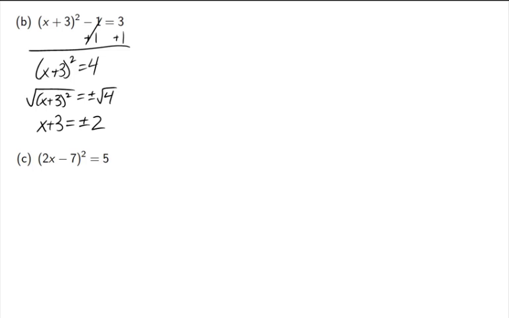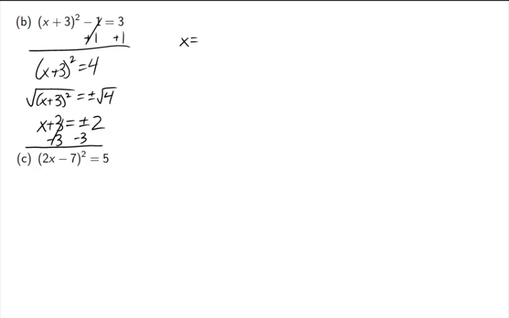So this is coming along where we want it to be, but I need to get x by itself. So I'm going to subtract 3 from both sides. Unfortunately, with this being a plus or minus 2, I can't combine the 2 with the negative 3 in the usual sense. I really need to treat this as two separate problems.